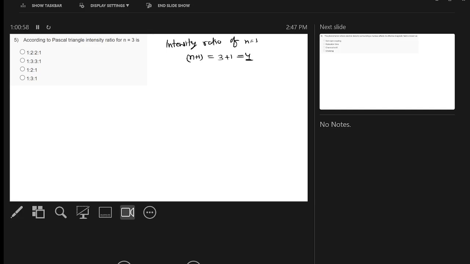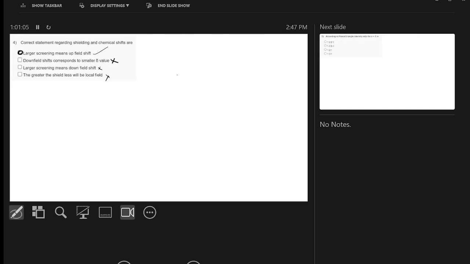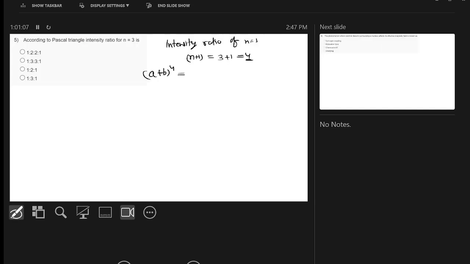So for Pascal 4, we can write (a plus b) to the power 4, and you can expand it and get the values. a4, then 4 a cube b, then 6 a square b square, then again 4 a b cube, and then b4.